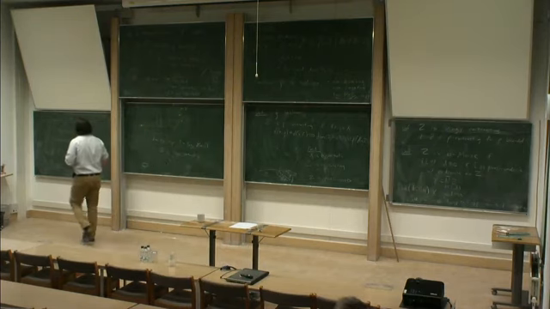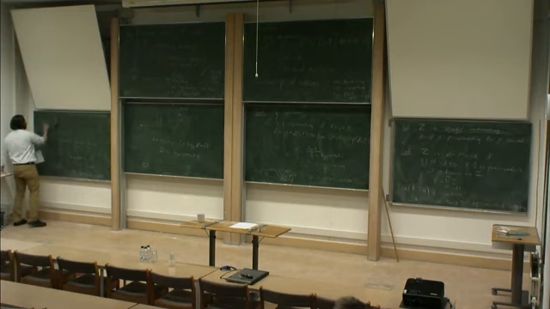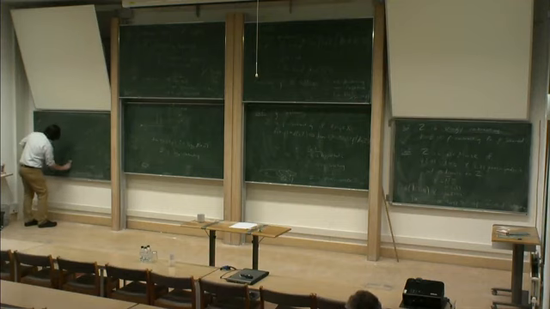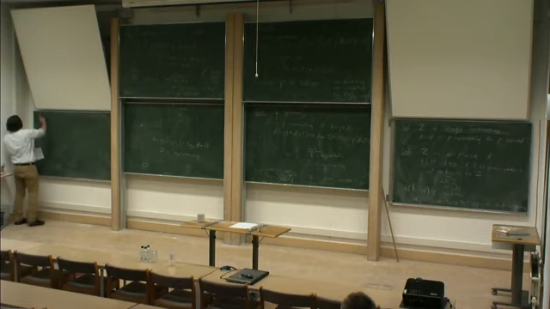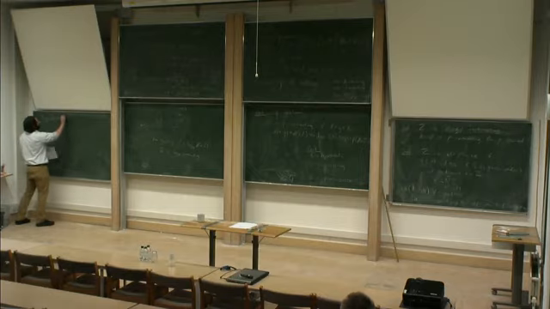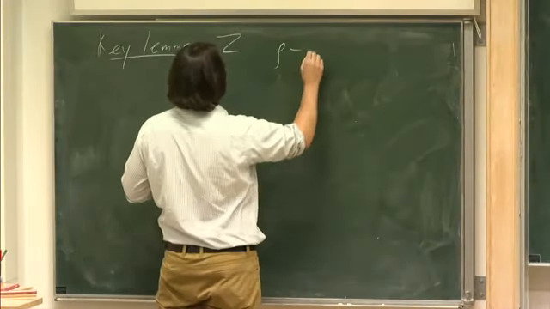So here's the key technical lemma that's going to make most of the arguments in the paper work. Suppose that Z is a rho contracting set.